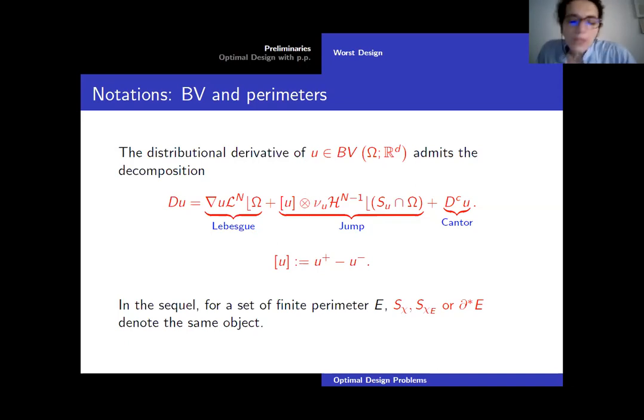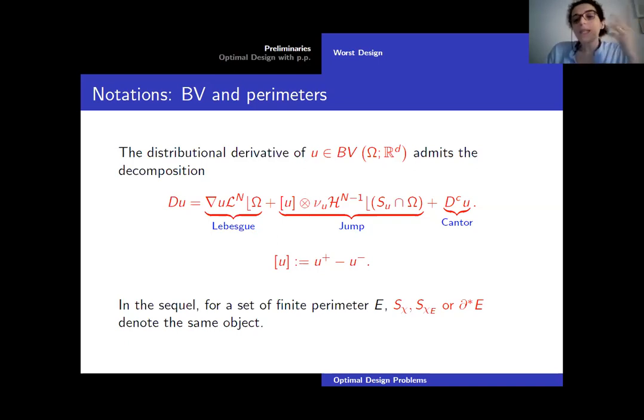That is what happens for a general BV field, but when we have a perimeter term, our function chi indeed has no Lebesgue part, or essentially it is identically equal to 0, and no counterpart. So the only part that describes this distributional gradient is going to be essentially the normal to the interface where we are in E or outside E, because the only possible values are 1 and 0.